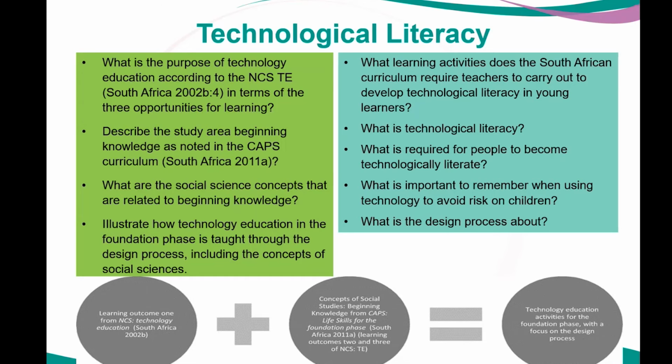So it's very important that you understand the design process in the technology section. It basically means that the South African curriculum requires teachers to develop technological literacy in our young learners by developing learning activities that require learners to use the design process and the design process skills. If we give them opportunity to learn about technological products and systems and how they affect the environment and society, we develop attitudes and values about the wise and ethical use of technology.